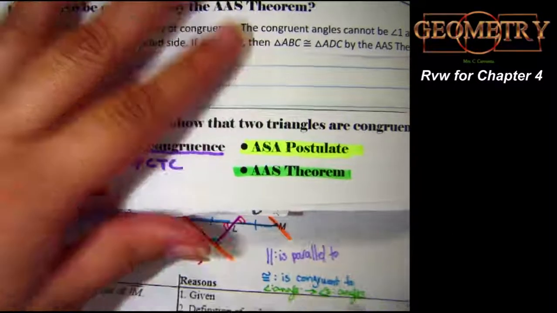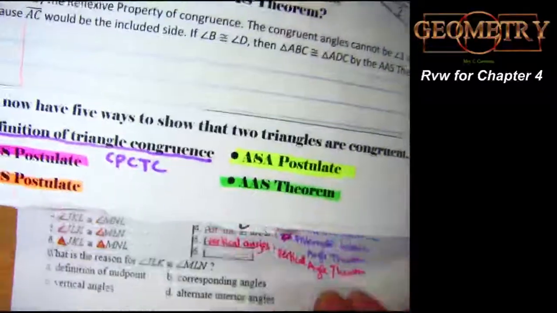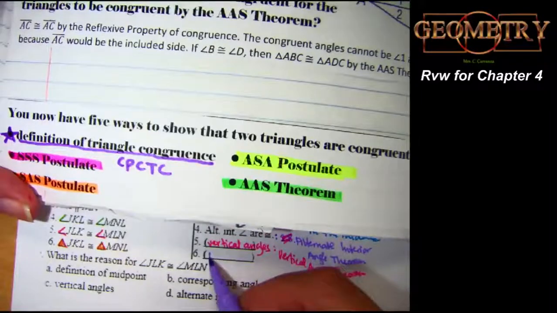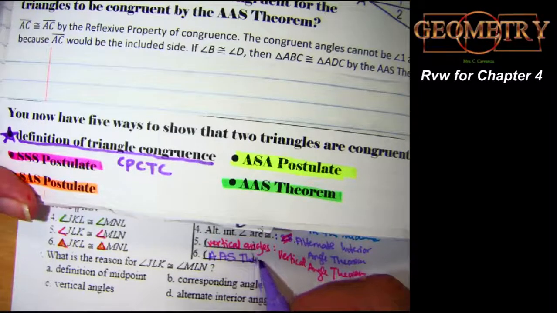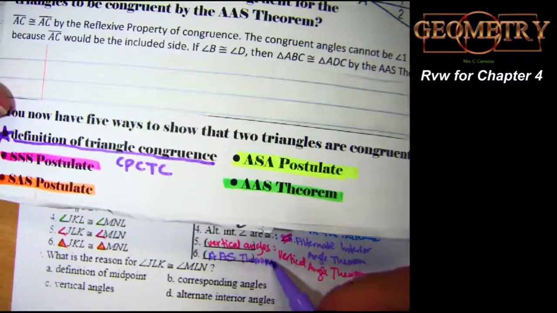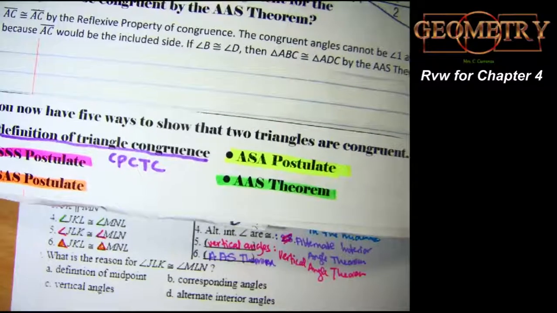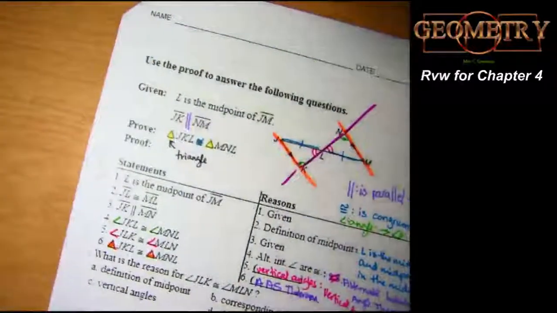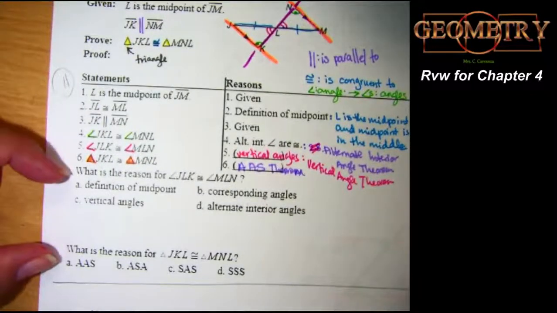And so the reason that these triangles are congruent then is the angle side theorem. I think I totally misspelled theorem. Sorry. And now we have our answers for these 2.